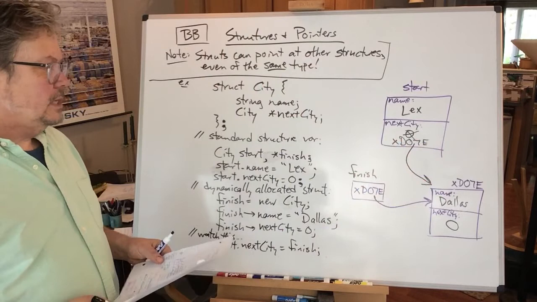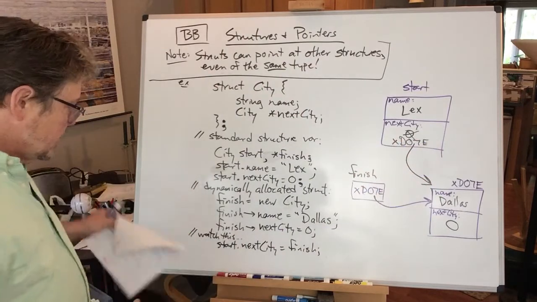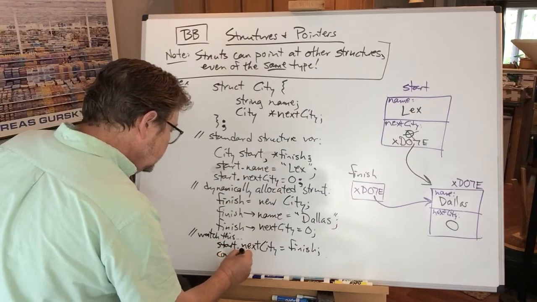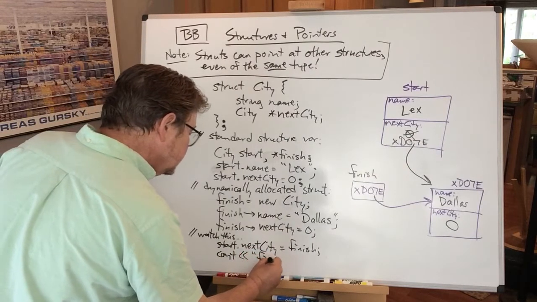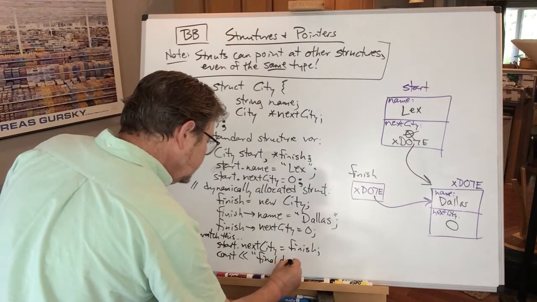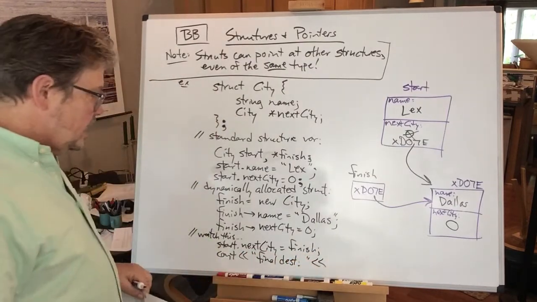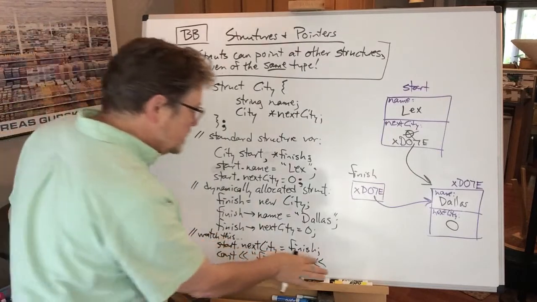You might not think that's any big deal, but it's kind of a big deal because I can now do this. Cout, less than, less than, double quote, final destination. That sounds kind of ominous. I hope we could go further than that. Final destination, less than, less than.